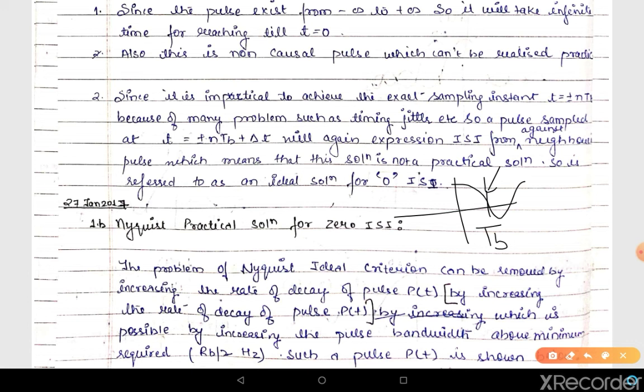So the sampler will have some error in the sampling instant, that is TB plus delta t. It will depend upon the jitter of the clock or this sampling instant at the receiver side. So if I am not sampling at this instant, if I am sampling at this instant, then ISI because of some other pulse will again occur. Or if I am sampling at an instant that is not exactly TB, it can be plus, it can be minus, then ISI will occur.